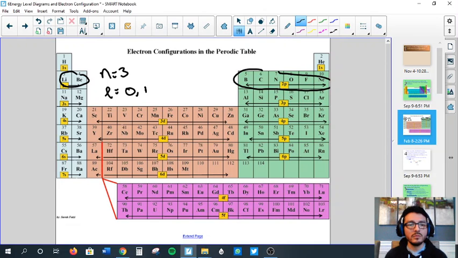It's 0, 1, and 2, which represents S, P, and D. As you look along the third row, you might wonder, you don't really see D, you see S and P. But look here, 3 Ds right there. But since the periodic table is organized by atomic number, it wouldn't make sense that these transition elements are all moved up one. Instead, we know that after 4s actually comes 3D.